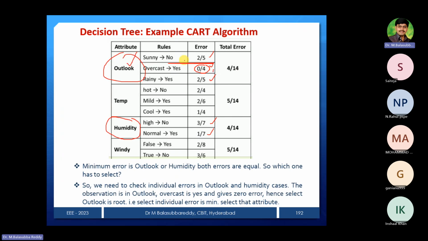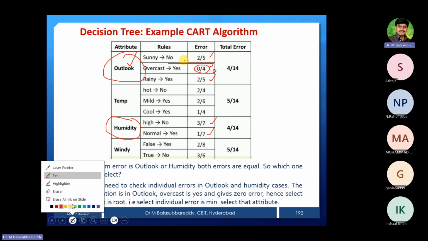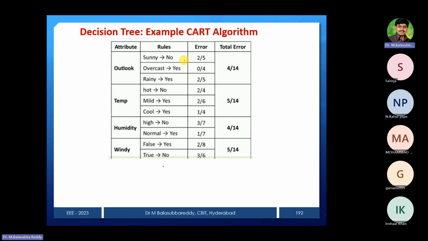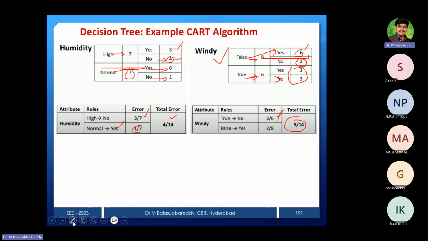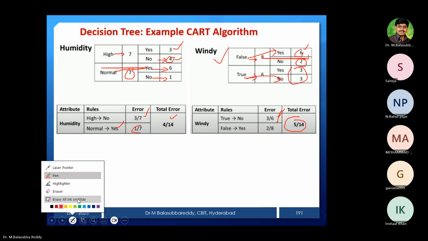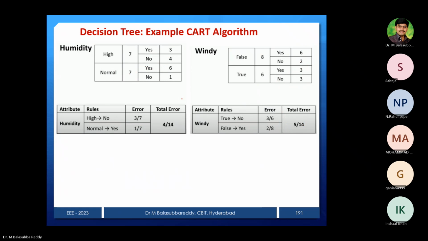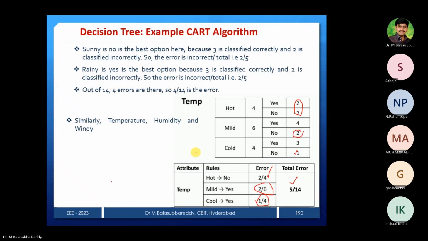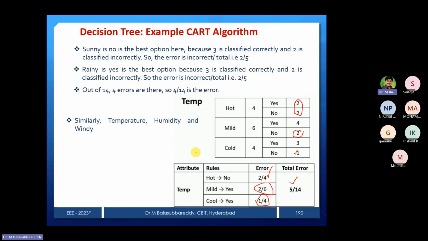So here the error is 0. We are able to get error in this overcast is yes as 0 error. Anytime you get equal weightage, you can see in this case also why I took the rule here. Both are 2 and 2.